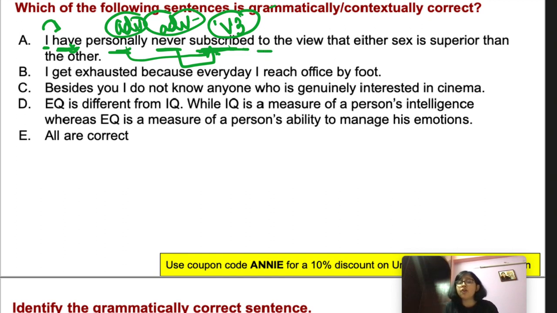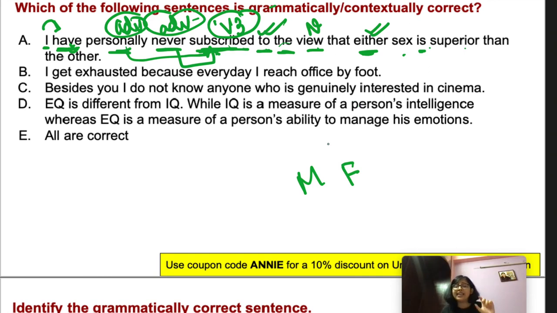Subscribe is always followed by to. This is a fixed preposition. Okay, to the view, the plus noun, that either sex. So here there are only two sexes, male and female, so that's why either has been used. Either sex is superior. Is, because when we say either, we are choosing only one out of the two.